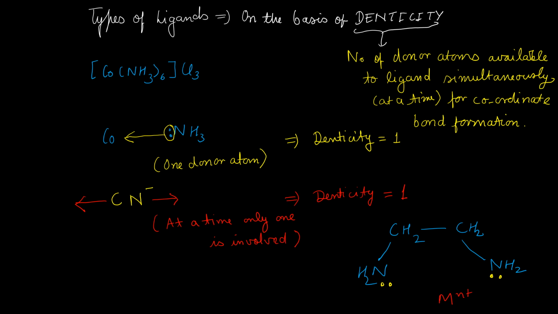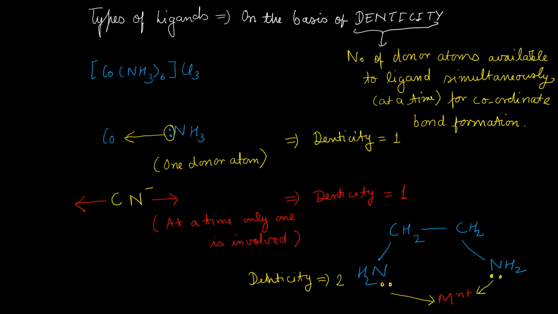Both of these will donate as well as share their electron. So this is also making one bond and this is also making one bond. So both are making bond at a time. So it means its denticity will be 2. I hope the concept is clear to you.